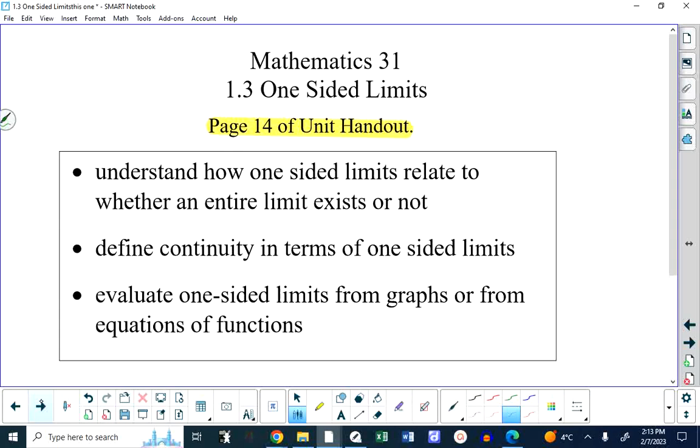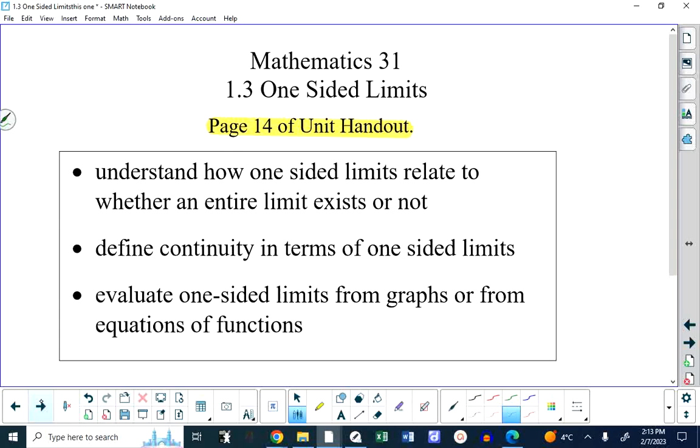Everything we've done so far has been building on itself. I can always say, okay, to find a limit, we rationalize and we factor. To find the slope of a tangent, we look at basically a limit. It's all been connected. Now we're going to learn about what are called one-sided limits, which, I'll be honest with you, it's an island unto itself right now. It's not going to be something that becomes very important until someplace in Unit 2.